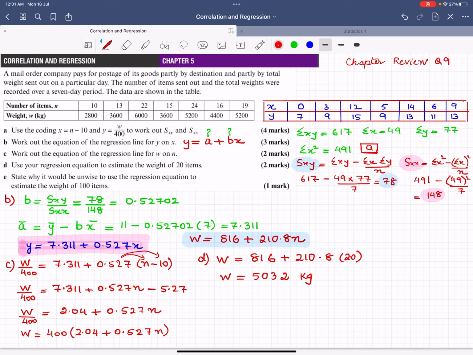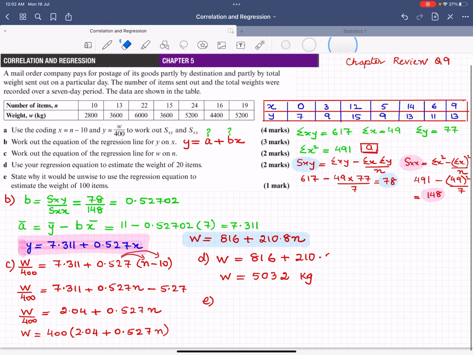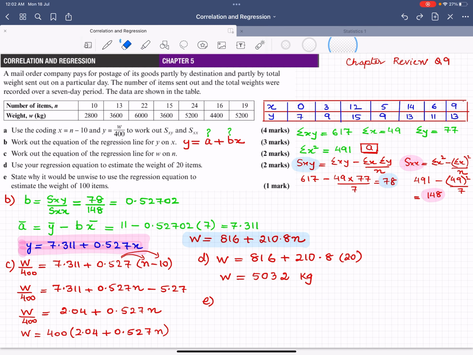Now in part E we need to answer, state why it would be unwise to use the regression equation to estimate the weight of 100 items. Now, what we have done in part D is to estimate the weight of 20 items, and now we are being asked why it would be unwise to estimate the weight of 100 items.